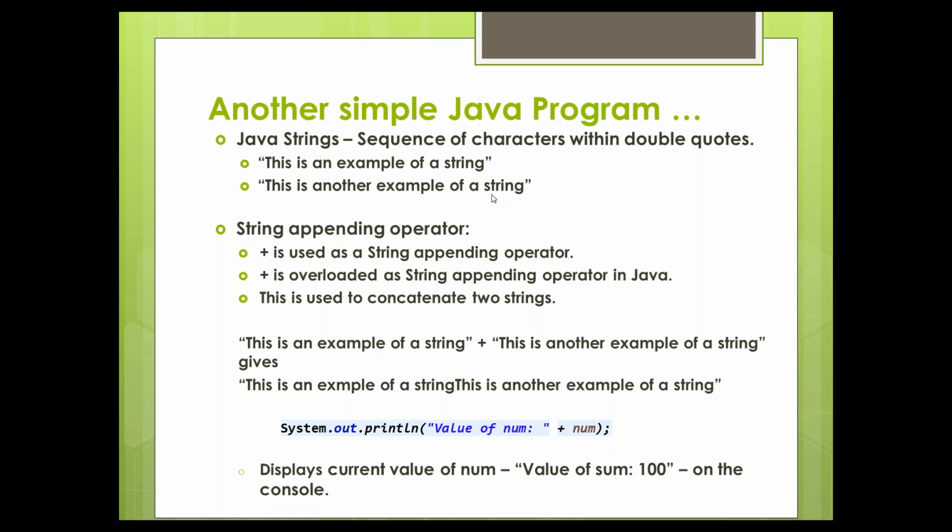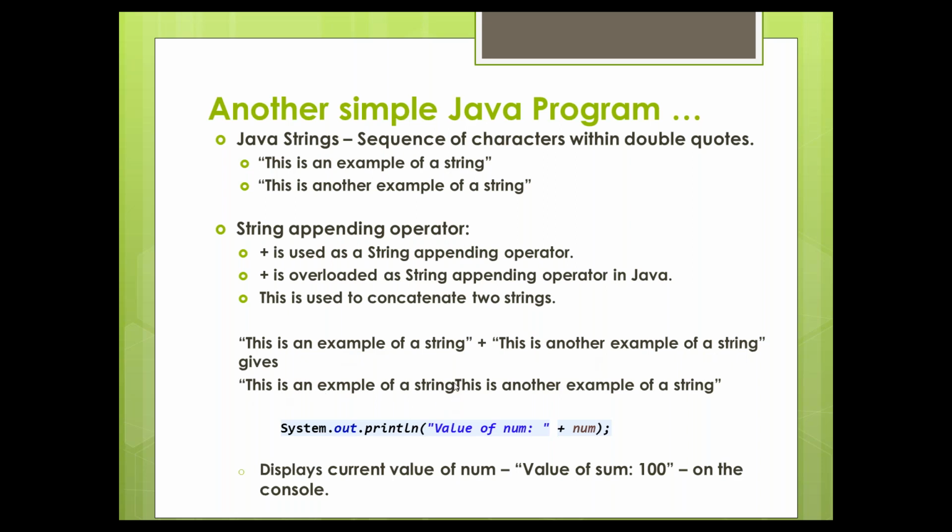When you have a string, that is, a sequence of characters within double quotes, and you use plus with another string, it joins or concatenates those two strings and gives you a single string. For example, I have concatenated this string and this string: this is an example of a string plus this is another example of a string.